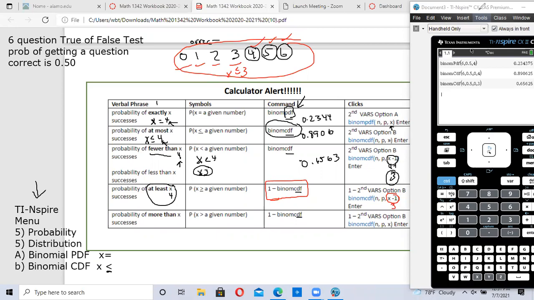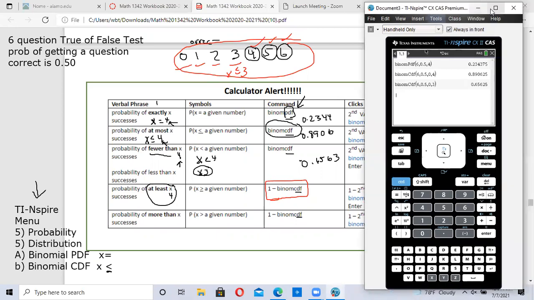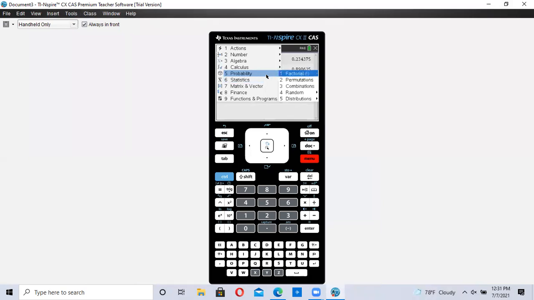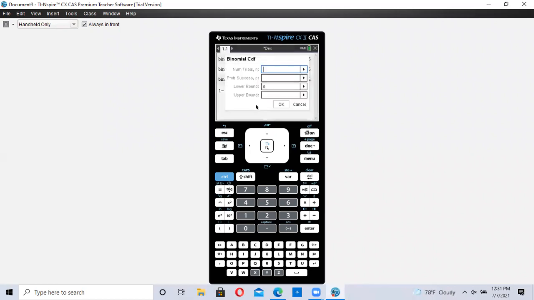So let's try that. On my calculator, at least 4 means 1 minus using 3. So on here, I'm going to do 1 minus menu, number 5 probability, number 5 distribution, CDF, B. There are 6 questions, 0.5, and we're using 3.